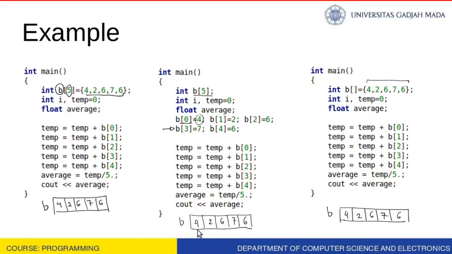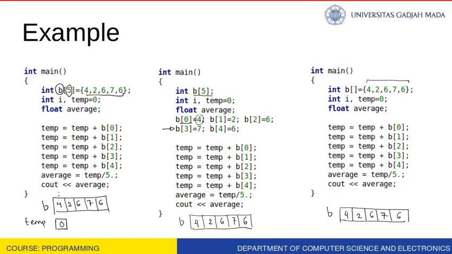Okay, and then the next operation is that we add the temp variable. So we have the temp variable, and at first it will be 0, and then we add 0 plus b0. What is b0? b0 is 4, right?